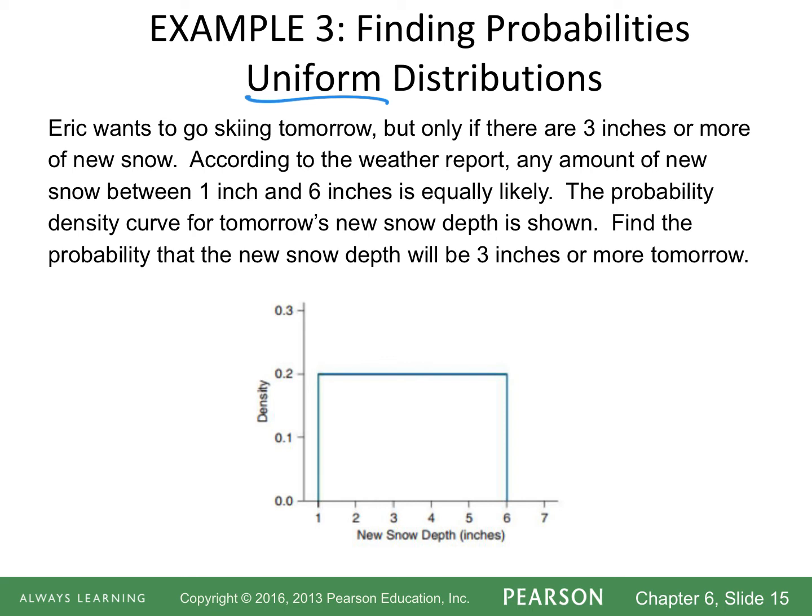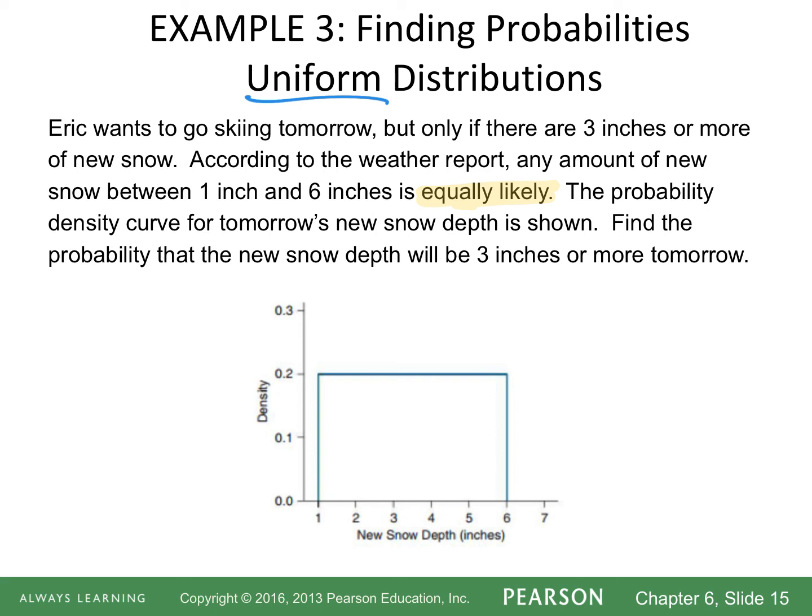So looking back at the problem, I'm going to point out something where it says right here that it's equally likely. So equally likely, this is a uniform distribution. That's why this graph doesn't have a curve, because all of the snow depths have an equal probability.